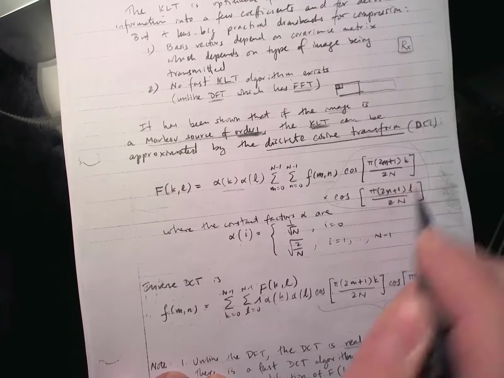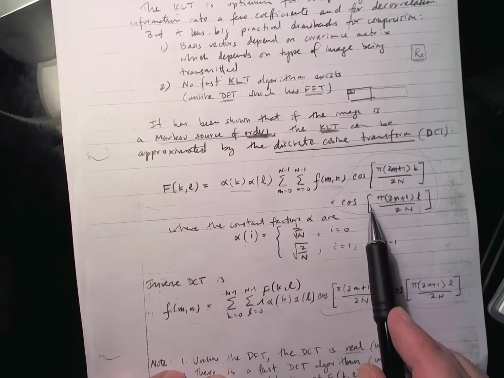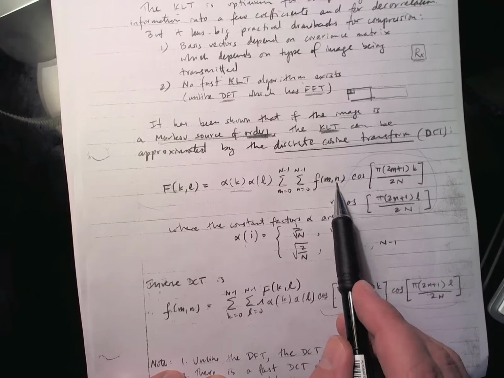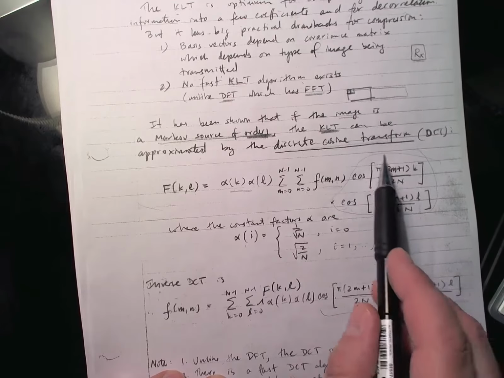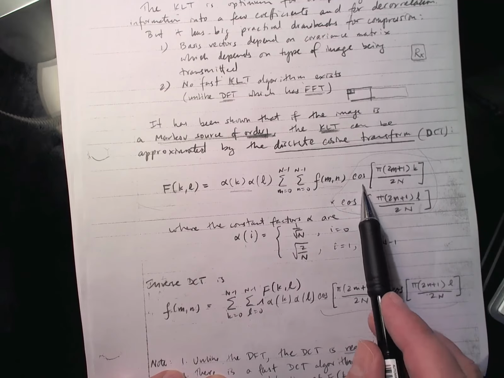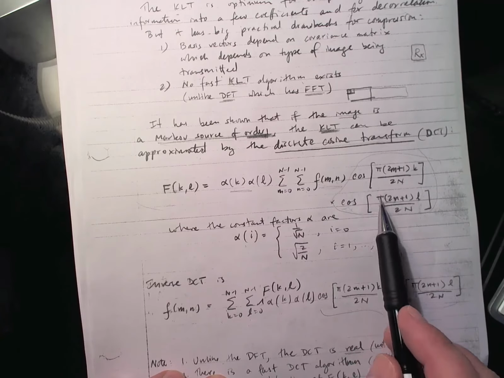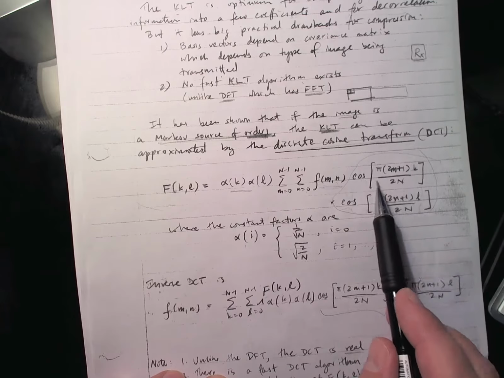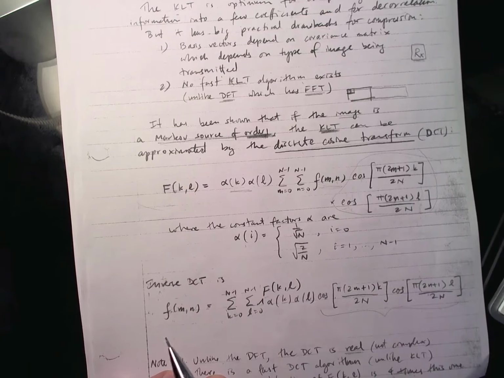That's a D. Okay, so it looks a lot like a DFT, right? We have our double sum of the image, and then we have something here with frequencies in it, K and L. But instead of e to the minus j type of thing, we have just a product of cosines. So these are separable functions. They're cosines. These are like stripes in the horizontal and vertical directions. And they look like this.